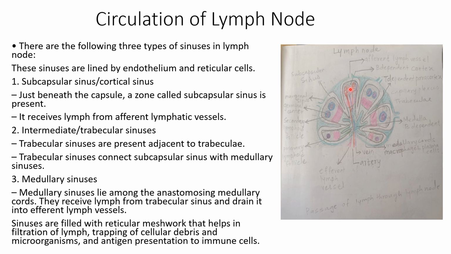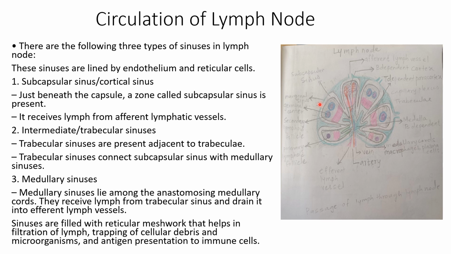Now we will see how the lymph circulates through the lymph node. So this is the lymph node. In the outer convex part of the lymph node, we have the opening of afferent lymph vessels. There are numerous afferent lymphatic vessels opening in the convex part of the lymph node.